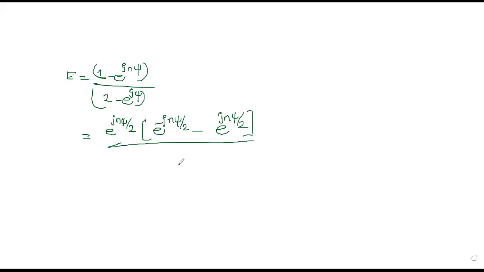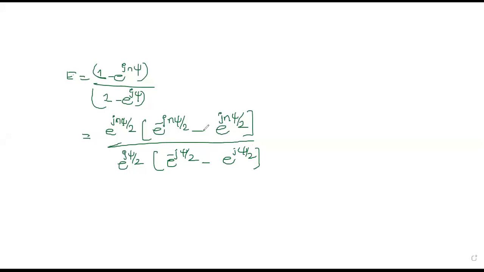Divide it. Take out from the denominator e to the power j psi by 2. So what is remaining in the denominator now? e to the power minus j psi by 2 minus e to the power j psi by 2.